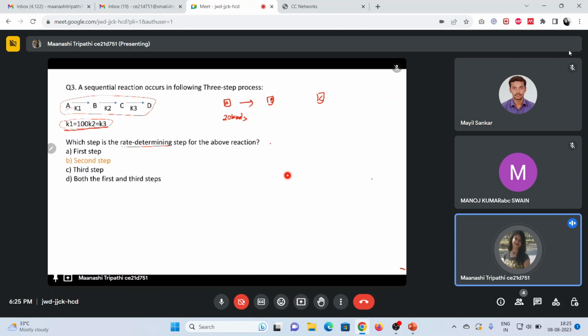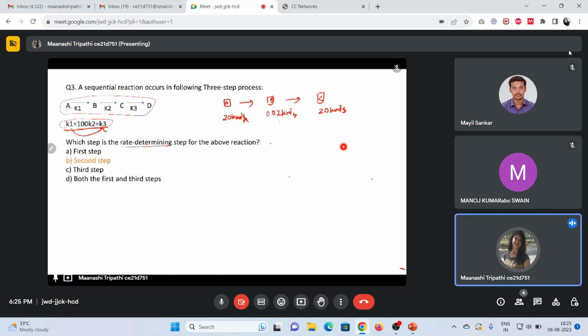So the first car is moving at 20 km per hour. Then the second is very slow. Second is moving at this speed. And for the third, K1 is equal to K3, so the third is also moving at good speed.